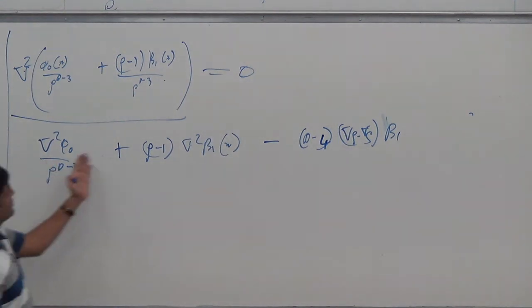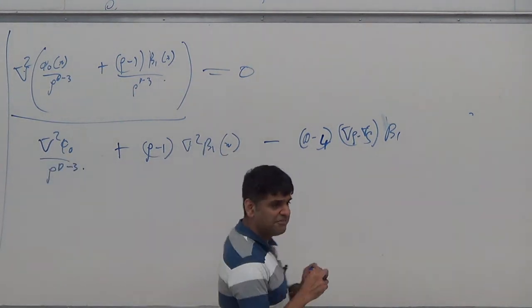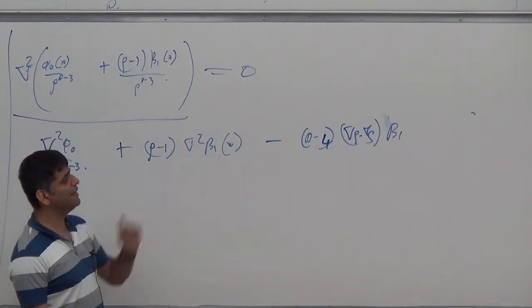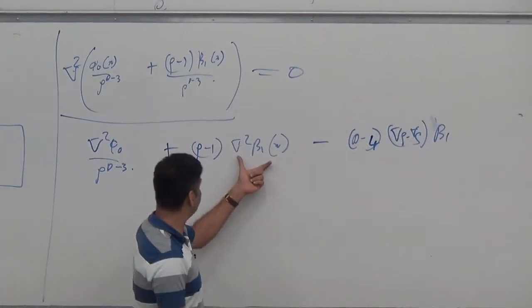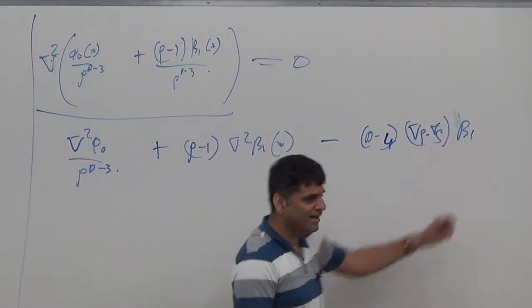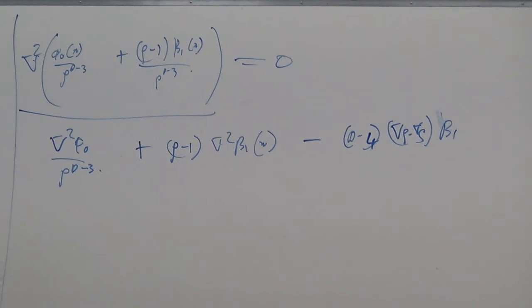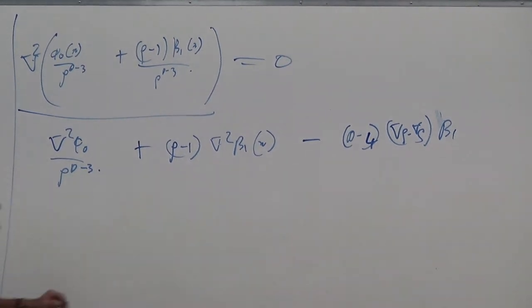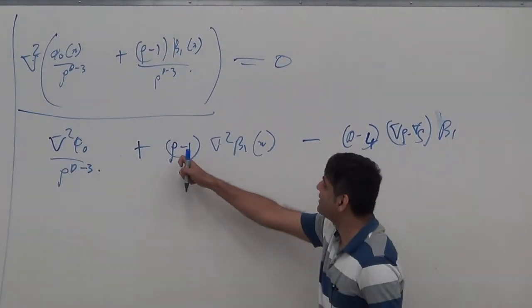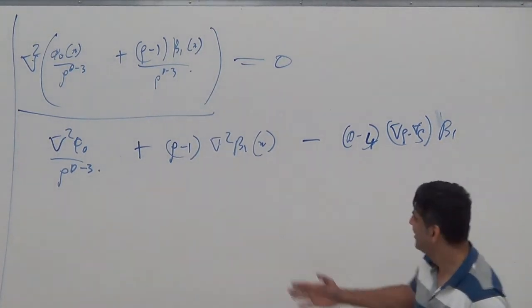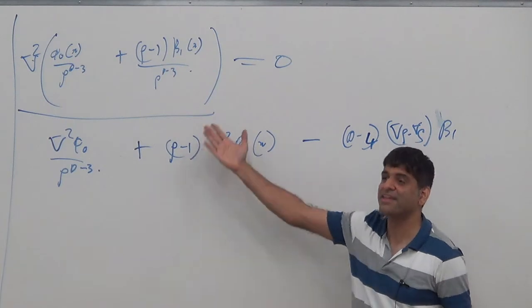Okay, now we've got three terms. And at first sight, this sounds like a complicated partial differential equation for beta, because we've got del squared of beta, and we've got beta acting on this stuff. But suppose we're interested at rho equals 1. Then the del square of beta is just not there.